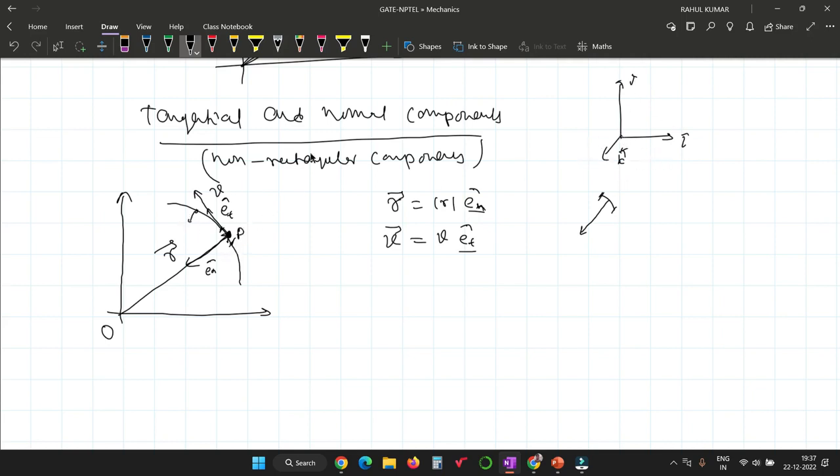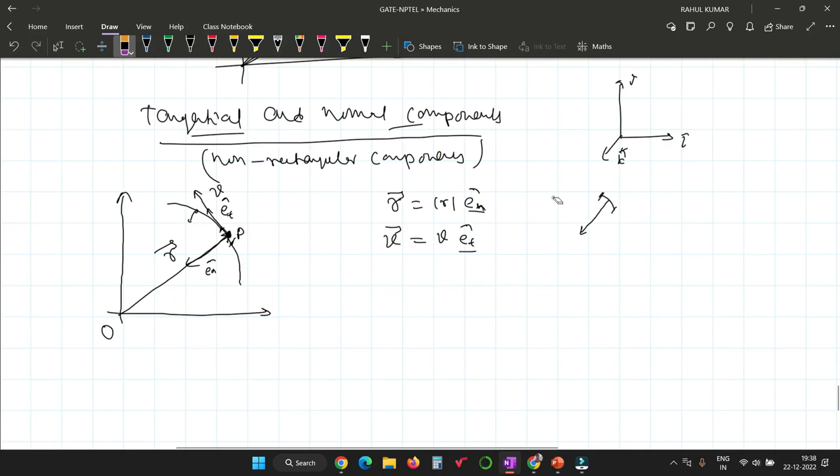But in this system, the normal direction changes with respect to time t, and the tangential direction also changes with respect to t. So that is the difference. Here I'm assuming that at every instant the normal is like this, and it is not appropriate because I'm drawing a circle.